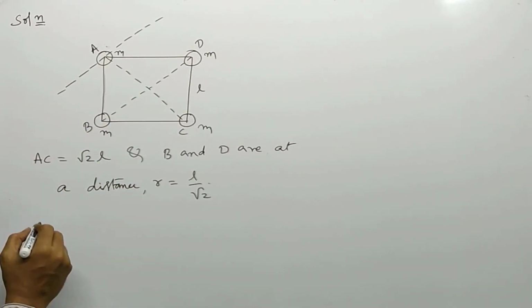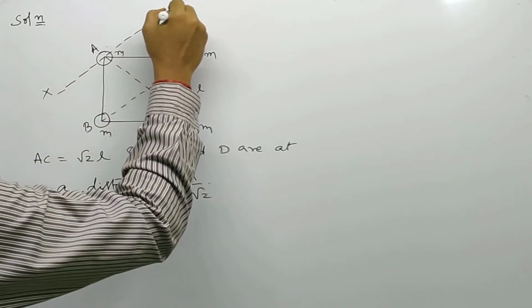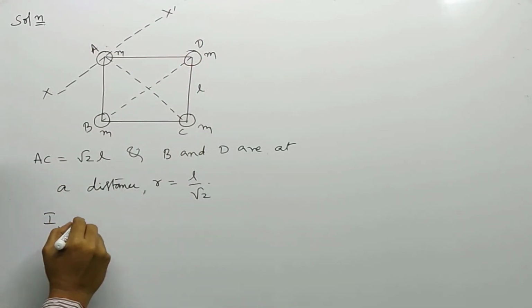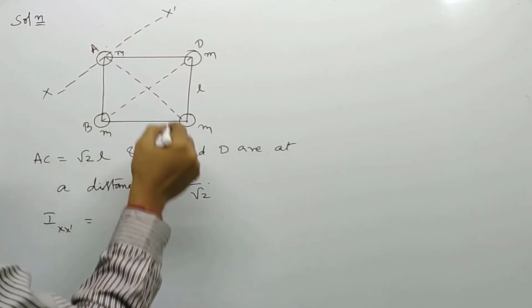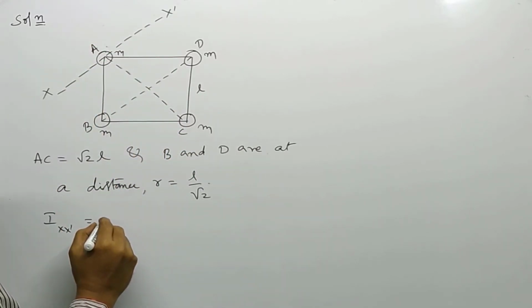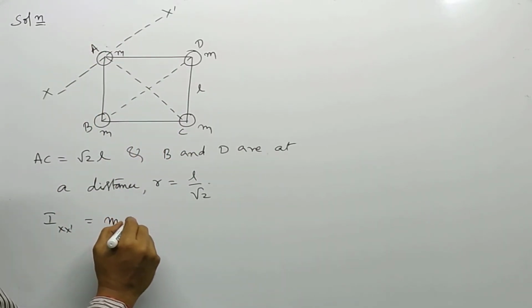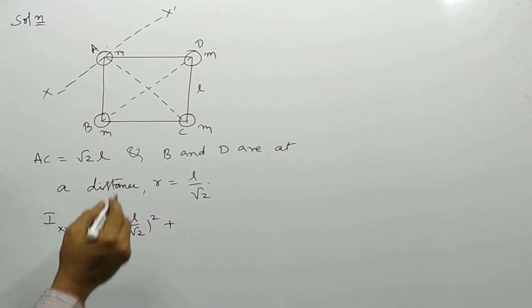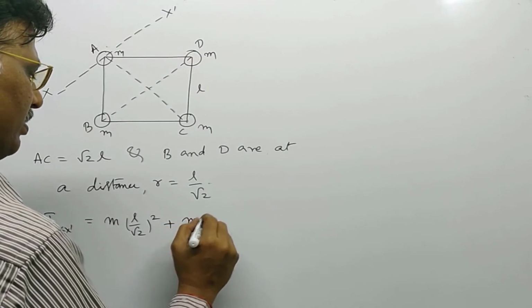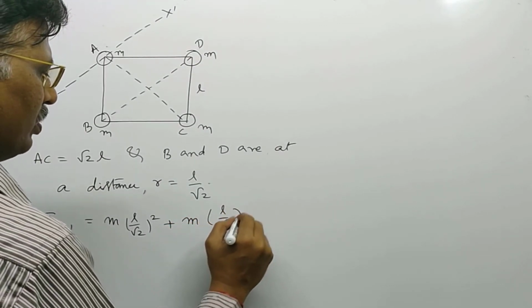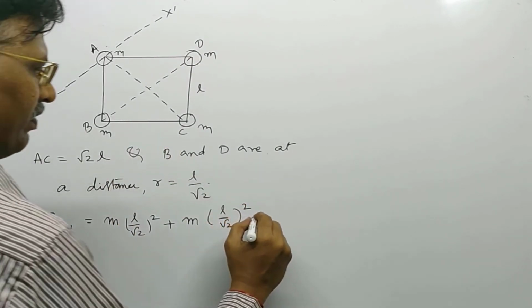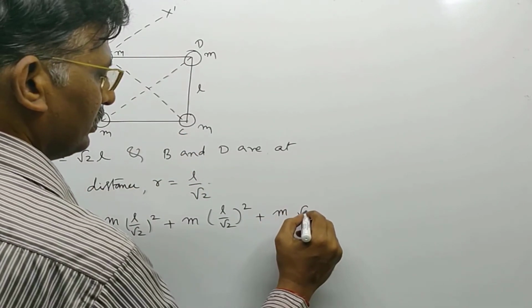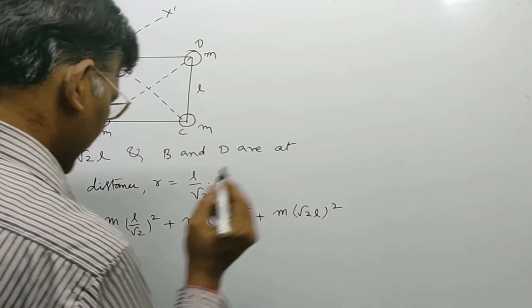So we can write the moment of inertia about the axis, say x dash, as first B, mass into distance square, plus D, again mass into L by root 2 whole square, and for C, m into the diagonal length root 2 L square.